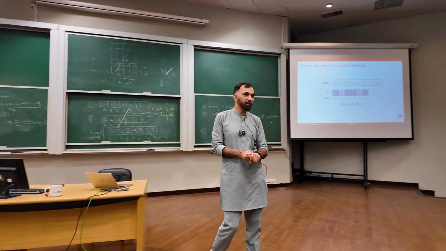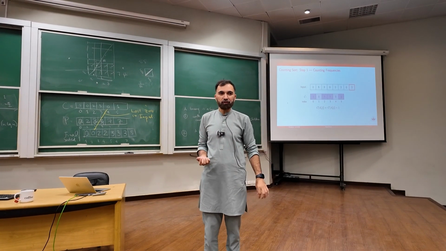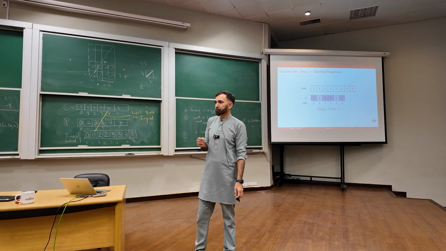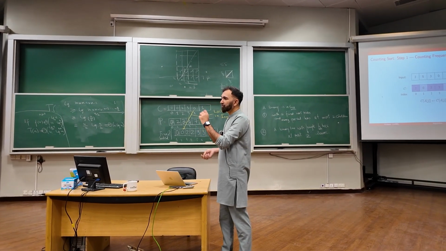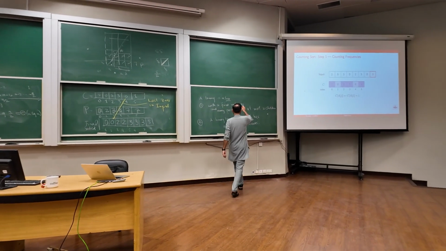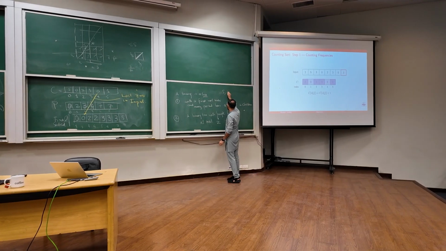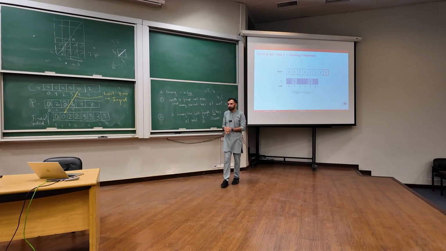If I had an array which contains negative numbers, how would I do counting sort on that? Absolute value is bad because it reverses the order, right? So if I have a -5 and I have a 4, taking absolute value will make it 4, 5, which is not what I want, right?